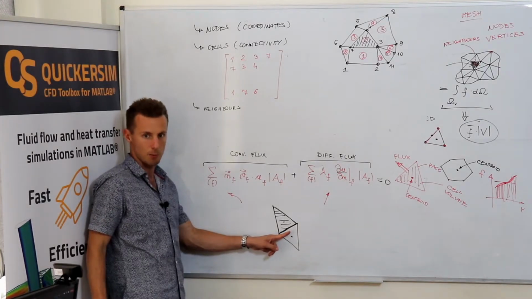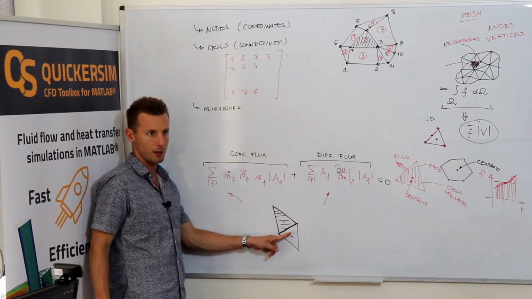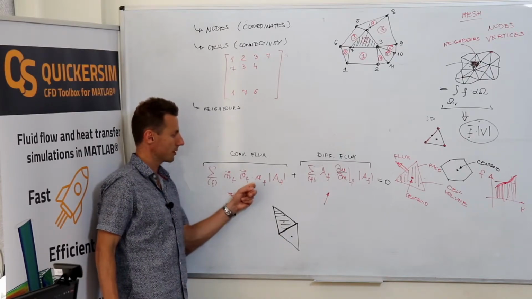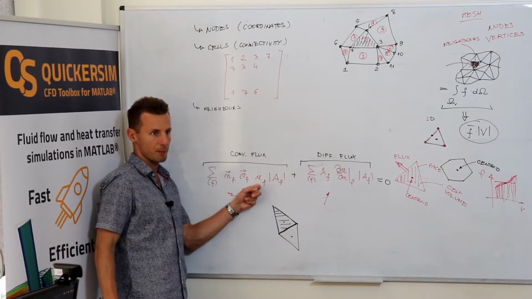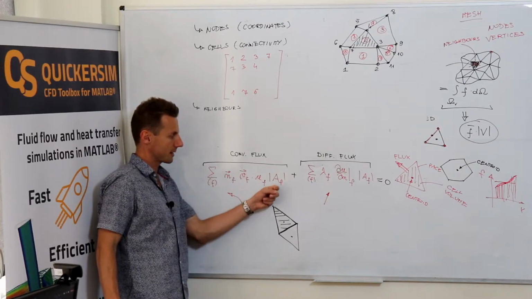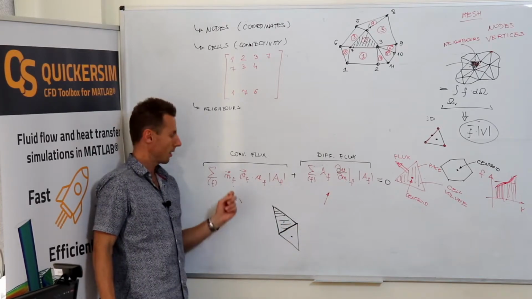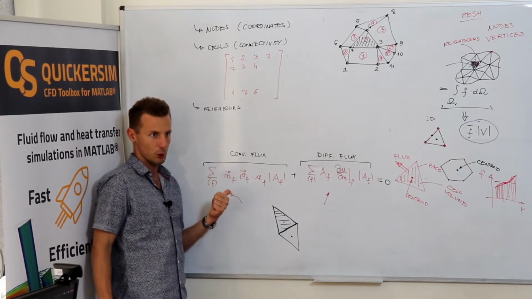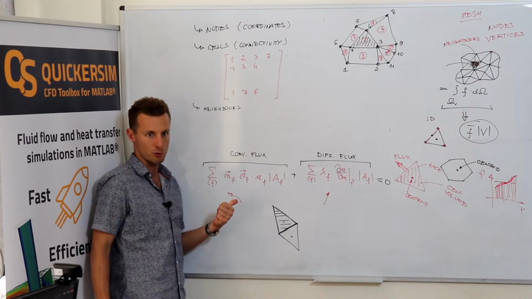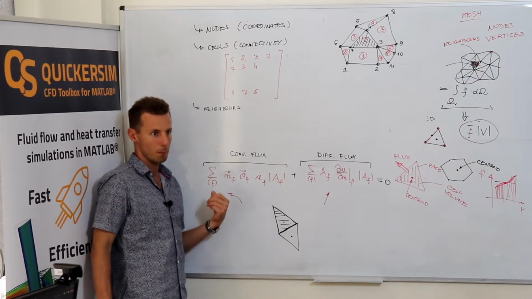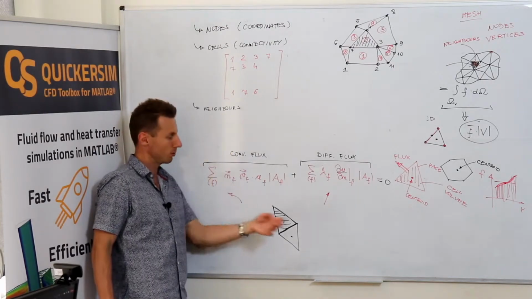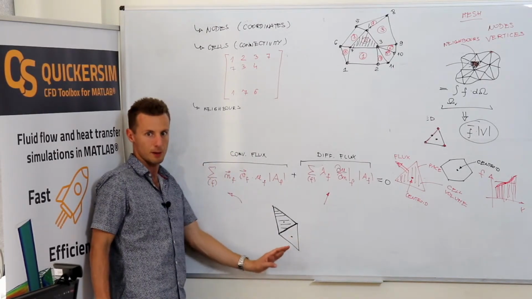Yeah, exactly. It's the opposite sign. But apart from the opposite sign, nothing else changes. You should have the same velocity, the same U value at the face, and the same surface area. Only the sign changes. So first of all, you can reduce your computational effort by a factor of 2 by simply calculating it once and applying it to the other cell as well.